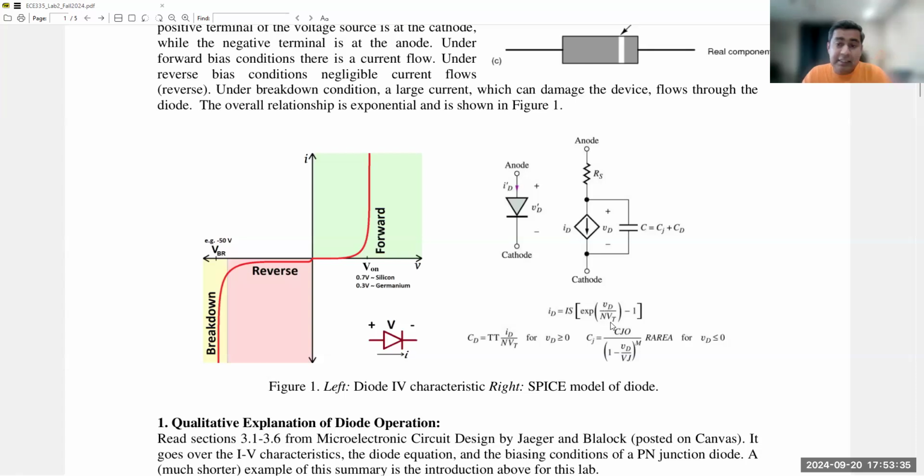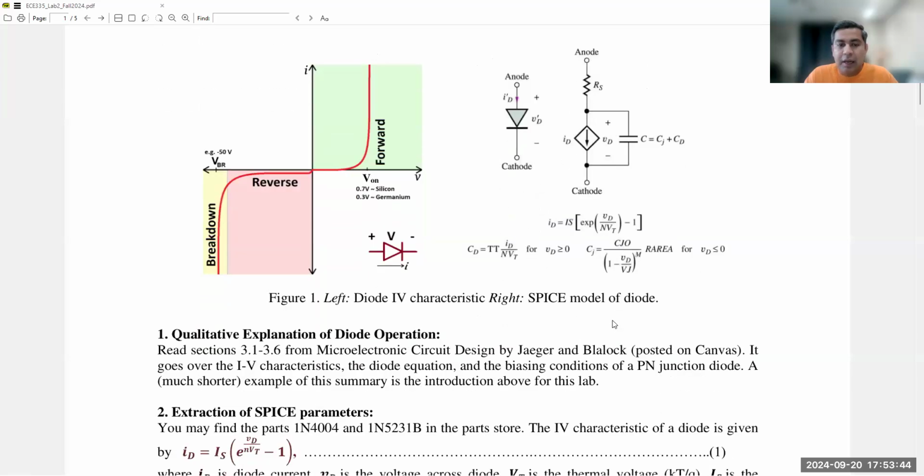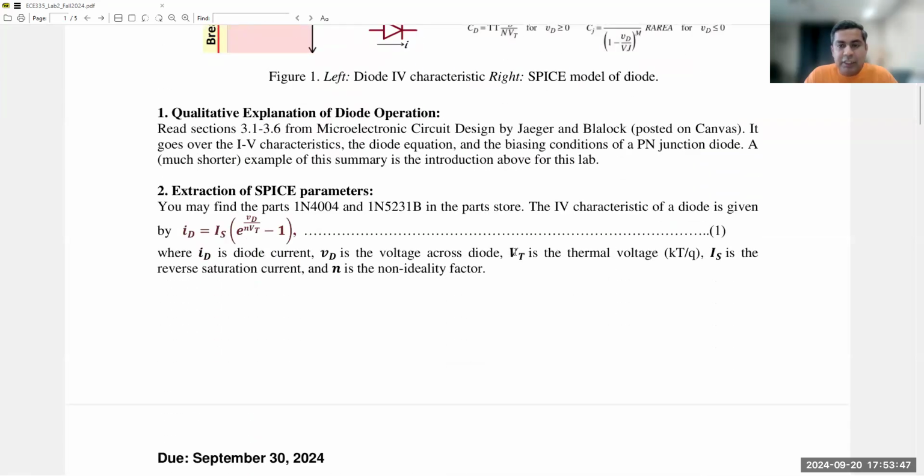So the next parameter is the NVT that you can see here. VT is your thermal voltage. I have explained that here, which is expressed with the equation kT over q. This is a constant voltage when we are analyzing any kind of electronic or electrical device. This is a common phenomenon because when a device is at a temperature, the lattice and the electrons inside it are going to vibrate due to the temperature and the thermal energy.